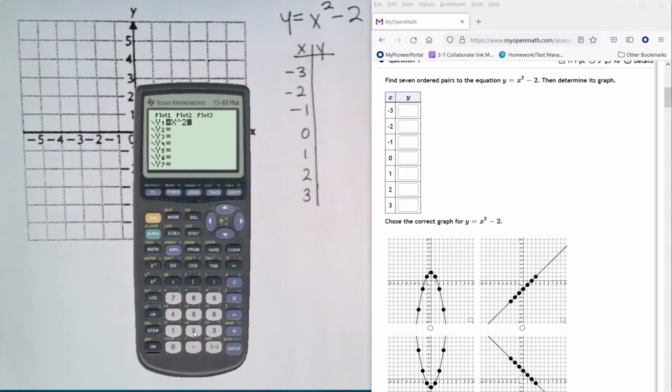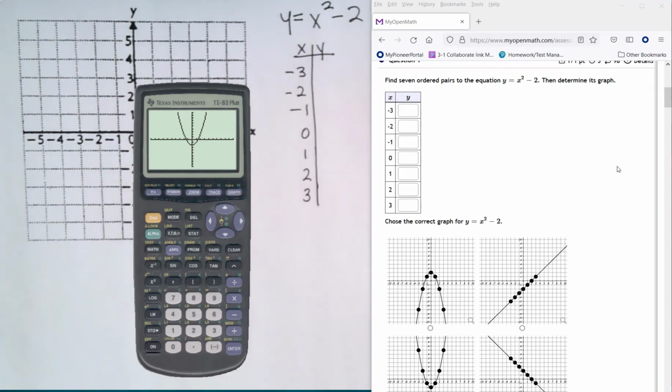Now, if you have a TI-84 or 84 Plus, you have to get your cursor down, probably this button or this one, your arrows, to make it move down. The 83s and the 83 Plus will automatically make it come down. Right, so this is 83 Plus, the cursor is down, and so I'll go ahead and put minus 2, graph, and there I go. This is my picture.